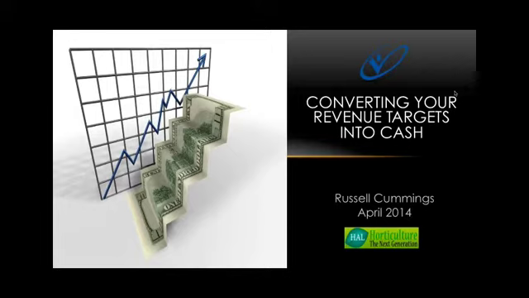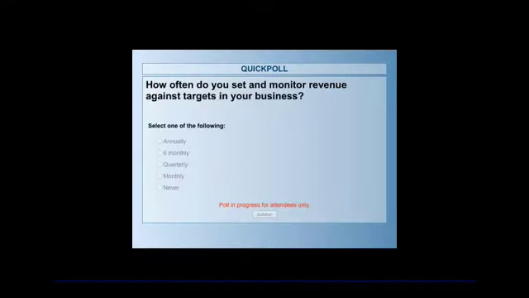So I'm going to take you through a bit of a process that's around building an income matrix and some other elements. But first up, let's just do a little bit of a poll here. So if you would just have a look at that for me, and type in there, how often do you set or monitor your revenue targets in your business?